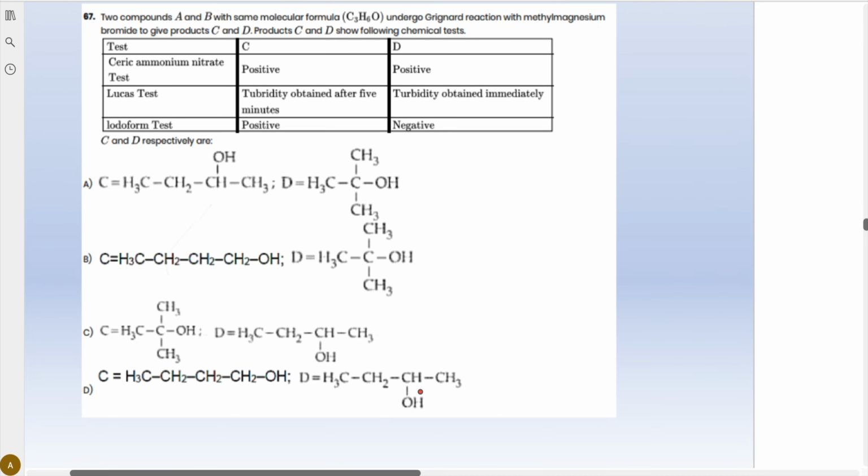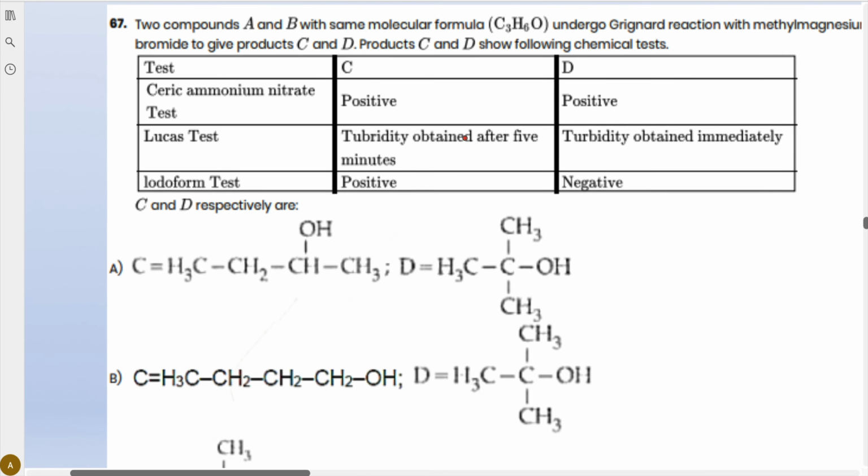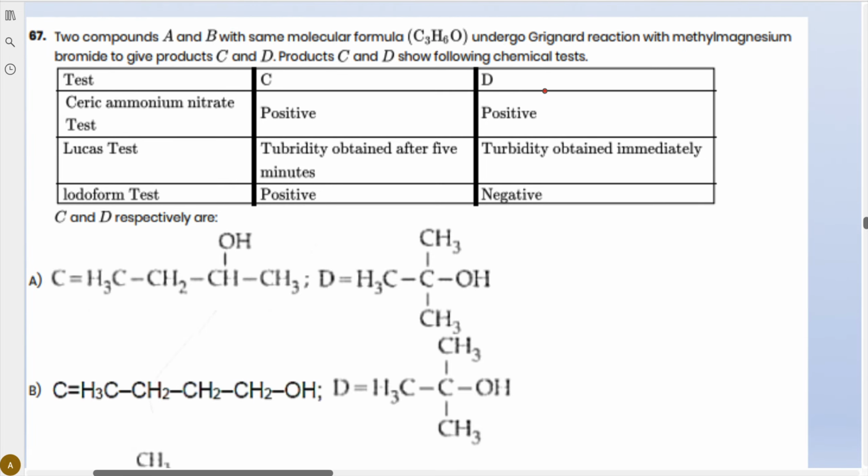Here the ferric ammonium nitrate test is given to you. A molecule, this C3H6O, undergoes a Grignard reaction using methyl magnesium bromide. Always remember, whenever you have an aldehyde, it will make a 2-degree alcohol, and if you have a ketone it will always make a 3-degree alcohol after the Grignard reaction.